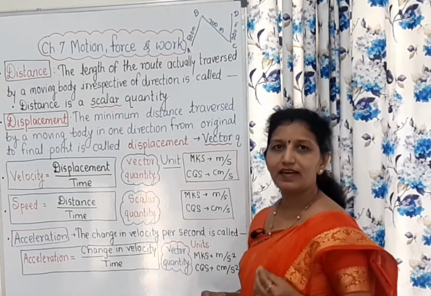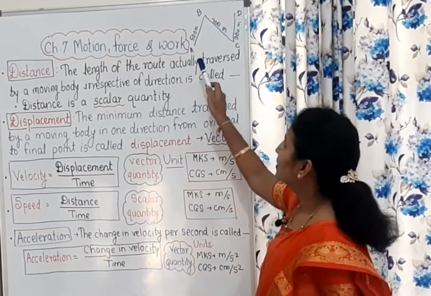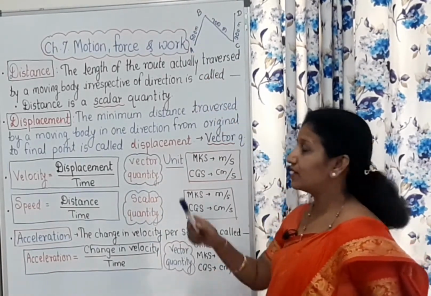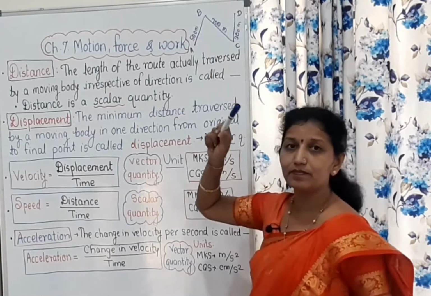For that, let us imagine that Krishna's house is at point A. There are some points given here in this diagram.